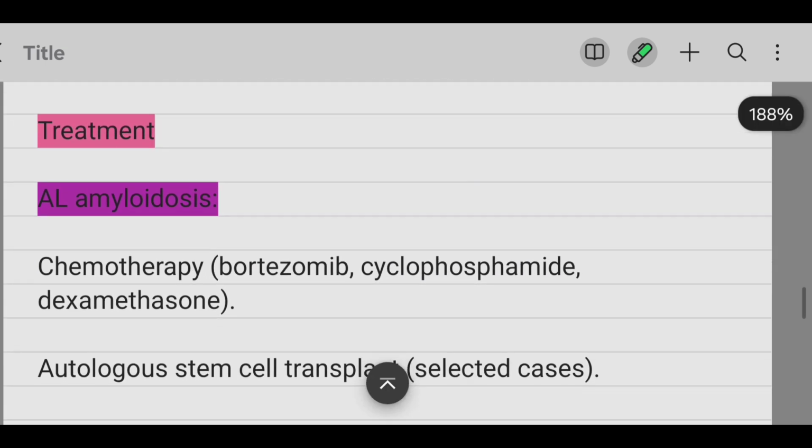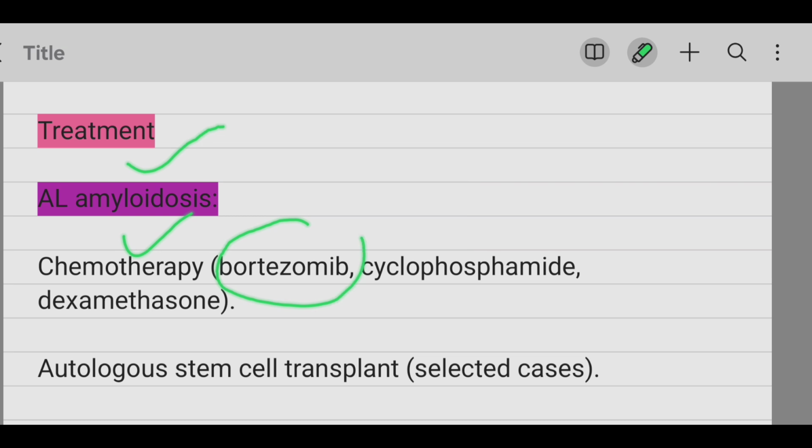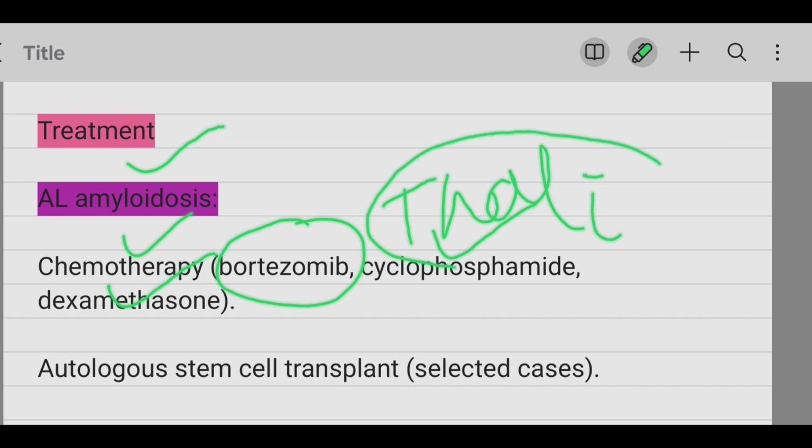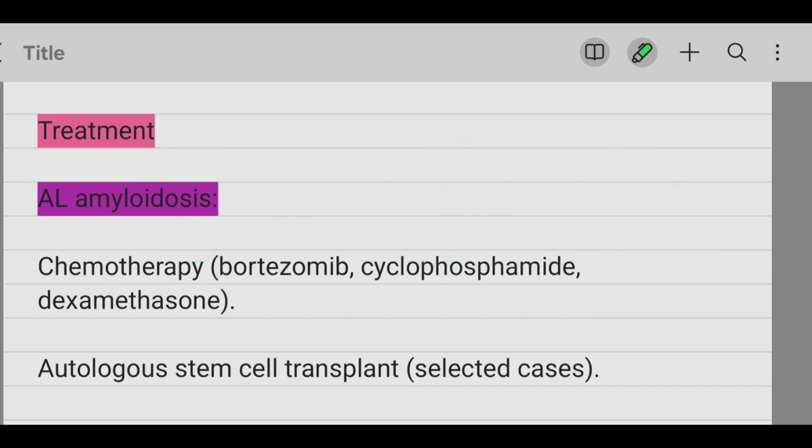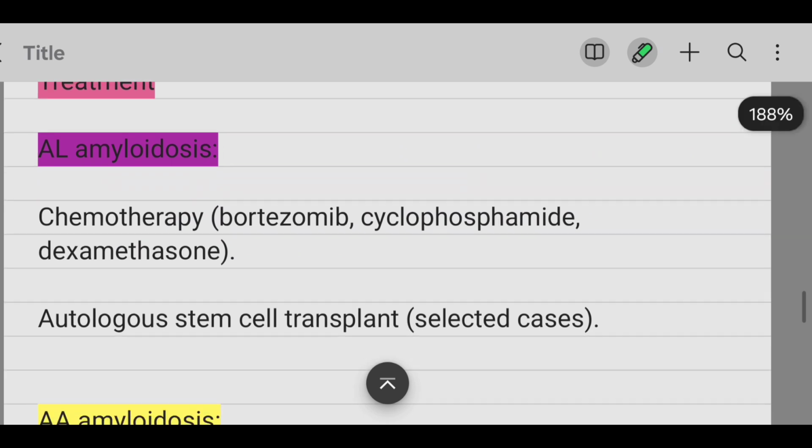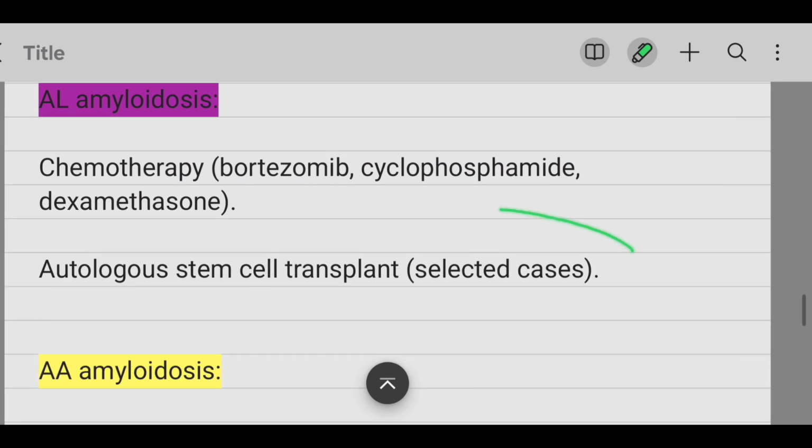Treatment. In case of AL amyloidosis, chemotherapy including bortezomib, cyclophosphamide, dexamethasone, thalidomide and lenalidomide etc. that are used in plasma cell myeloma are mostly used in AL amyloidosis. Autologous stem cell transplantation is also an option in case of plasma cell myeloma that is leading to AL amyloidosis.